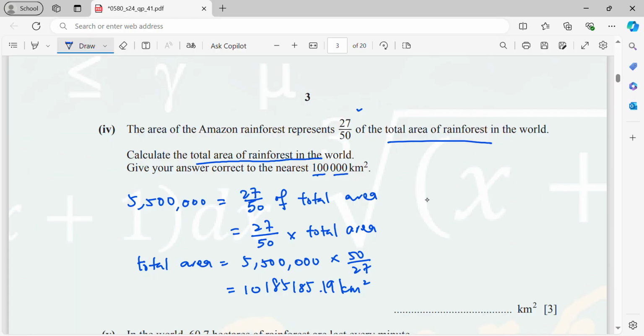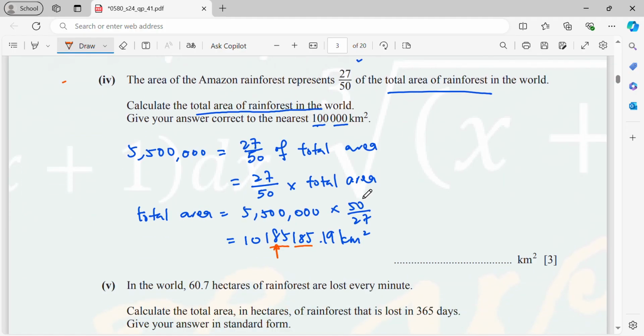So for 100,000, we should refer to the digit after it. There are three decimal places here. To get 100,000, I have to refer to the 8.